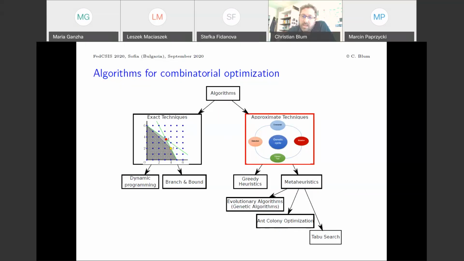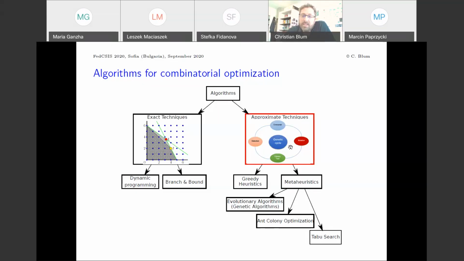Ant-colony optimization algorithms, for example, are inspired by the shortest path finding behavior of natural ant colonies. But you have also local search-based metaheuristics like tabu search. This is one of the oldest ones. The oldest one is probably simulated annealing. Okay, most of you probably know simulated annealing.